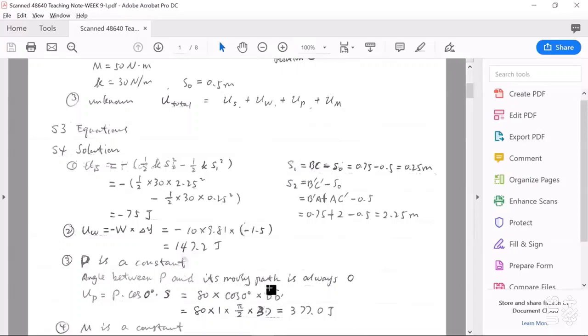This is the quarter of a circle, so we can easily calculate this D D prime. And then finally, the work done by this external force P is 377.0 joule.